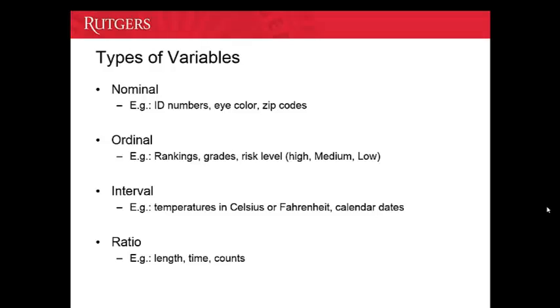The third type is the interval data. Here we have ordered data with equal distances between each point. Let's take, for example, temperatures. When you go from one temperature to the other, if you increase it by 1 in Celsius, going from 2 to 3 is equal to going from 3 to 4. Dates are the same thing.